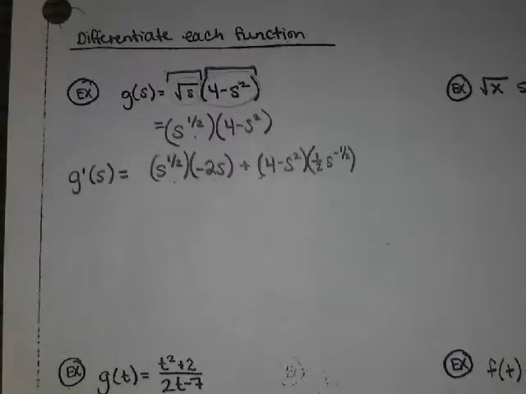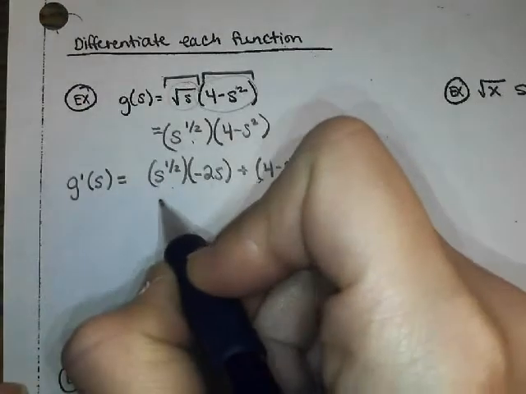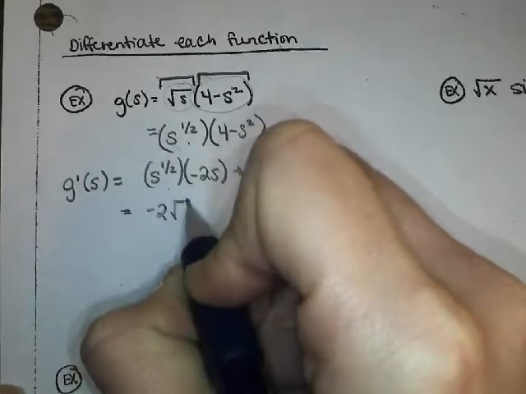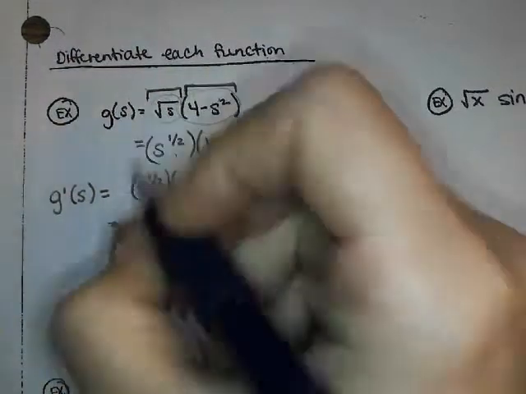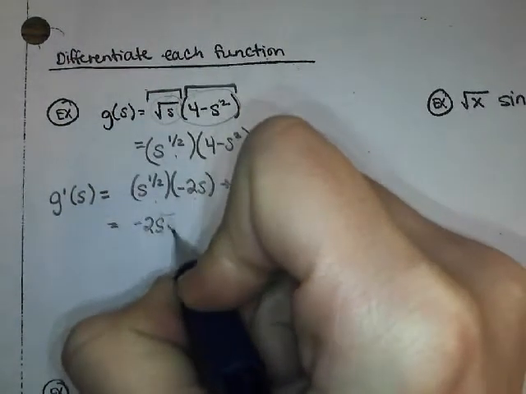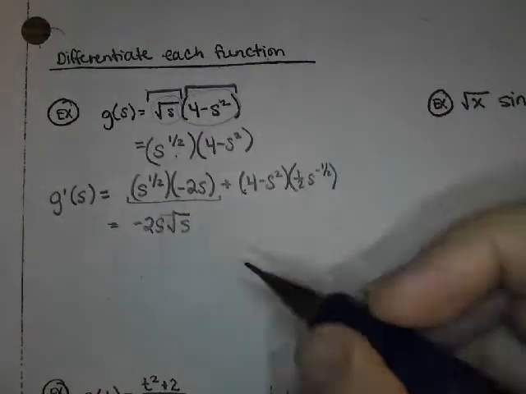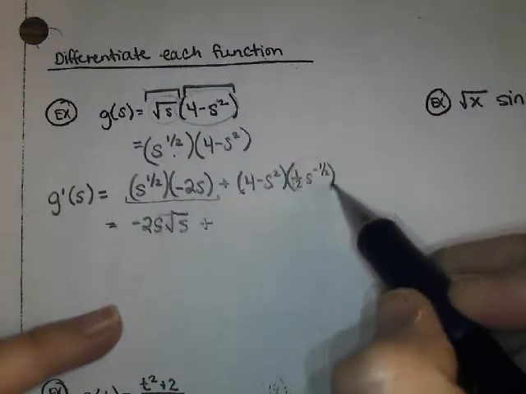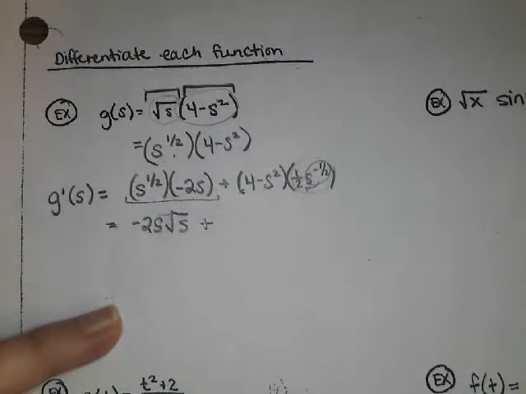And then it's all cleanup. And so with that, I'm probably going to change my s to the 1/2 power back to a radical. So this will be negative 2s root s. We'll cover this first piece. Plus, and then with this one, I'm going to move this back to the denominator of its piece.